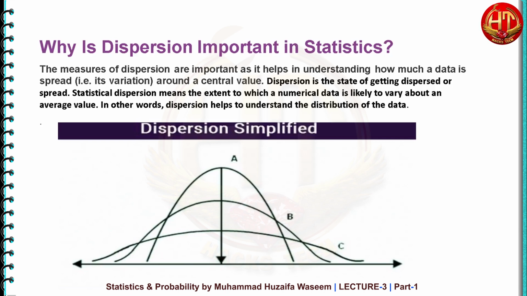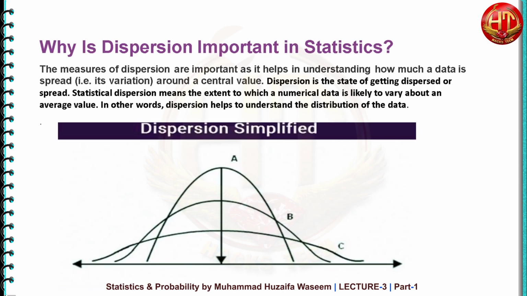It means that a small dispersion among values in the data set indicates that data are clustered closely around the mean. The mean is therefore considered representative of the data. Conversely, a large dispersion among values in the data set indicates that the mean is not reliable. It is not representative of the data.